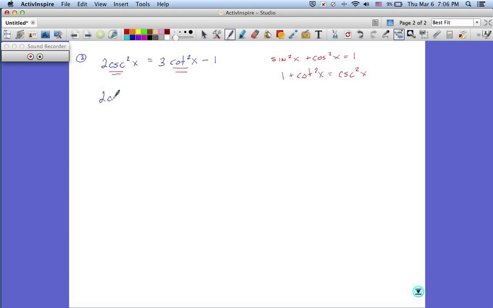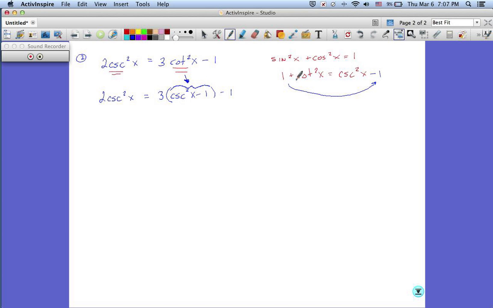I have 2 cosecant squared equals 3 times, now cotangent squared is the same as cosecant squared minus 1. Right? So cosecant squared minus 1. That replaced cotangent squared. But I still have this minus 1.